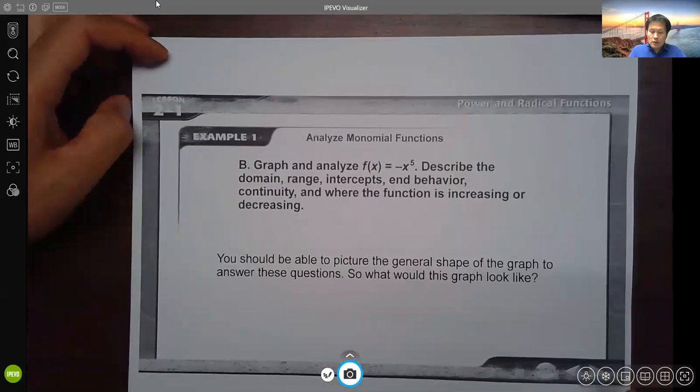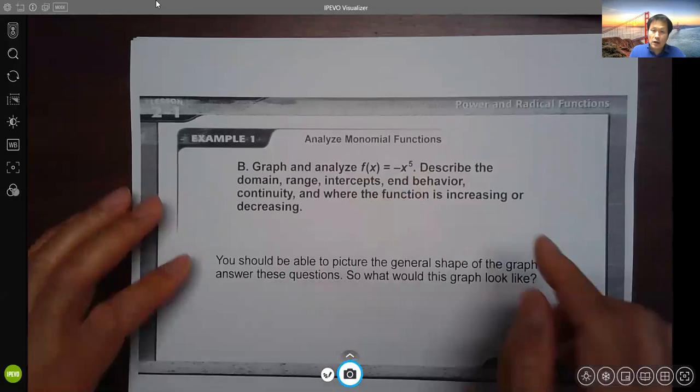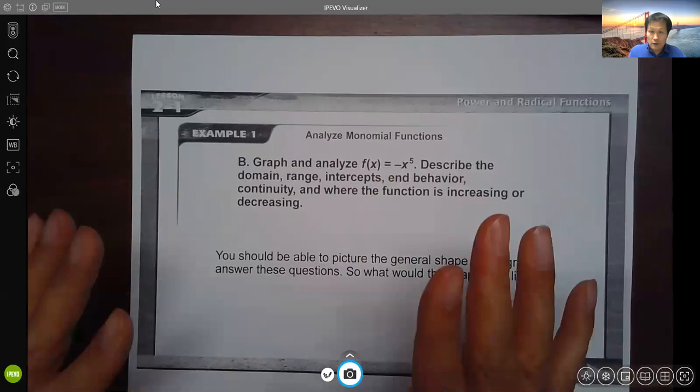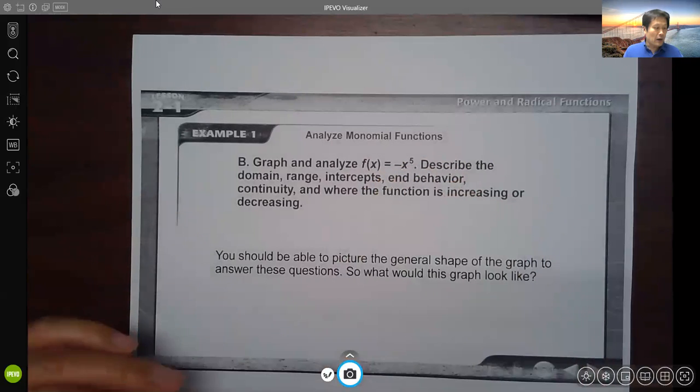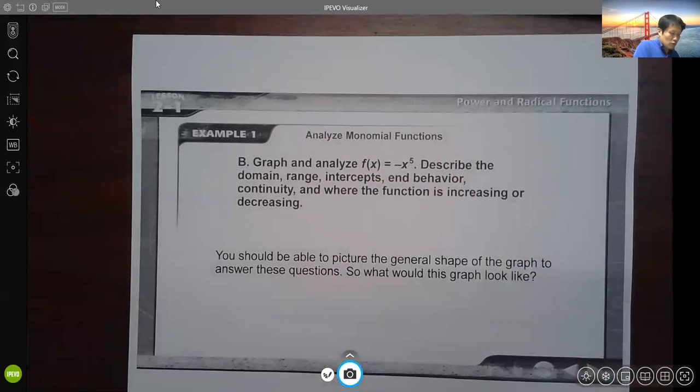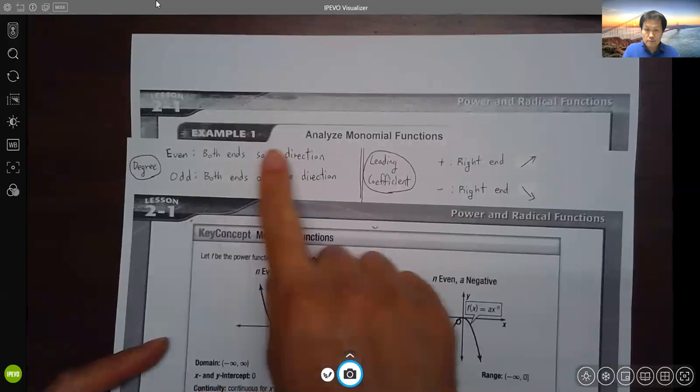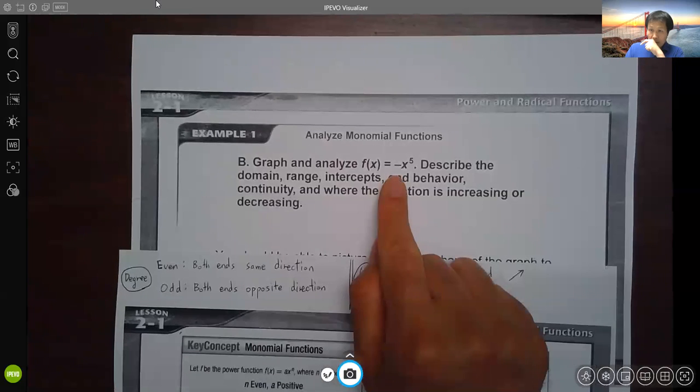Okay, graph and analyze this equation. Again, you can put it into the graphing calculator and look at it, but it's possible for me to do it without a graphing calculator. Then you need to know this. Leading coefficient, the number in front of the highest power of x, is -1.